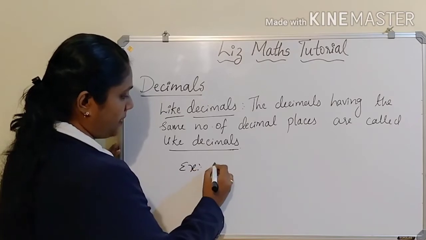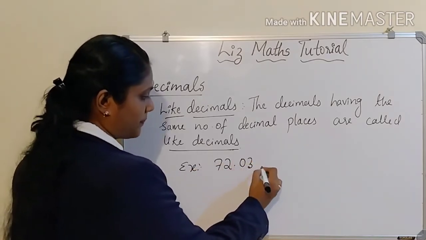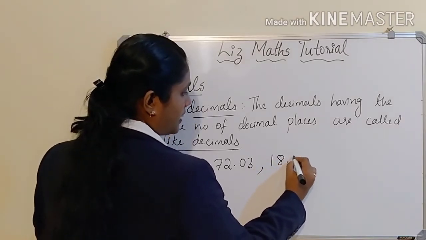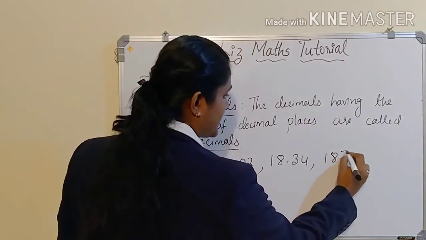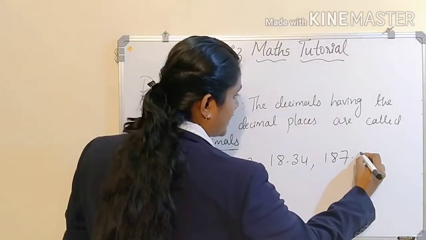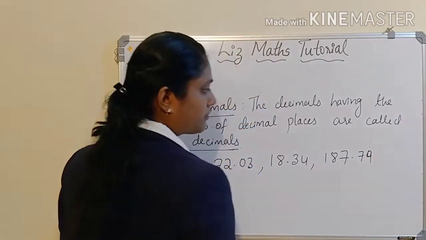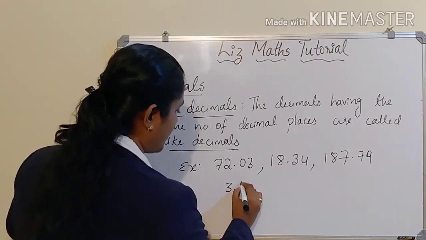See here, let me take the example of 72.03, 18.34, 187.79 and 3.48.